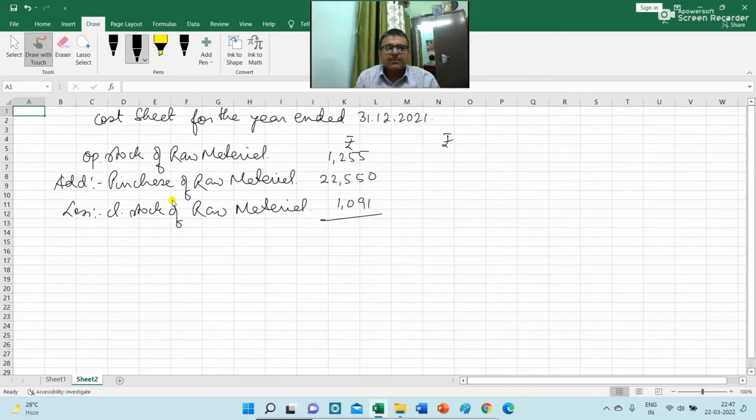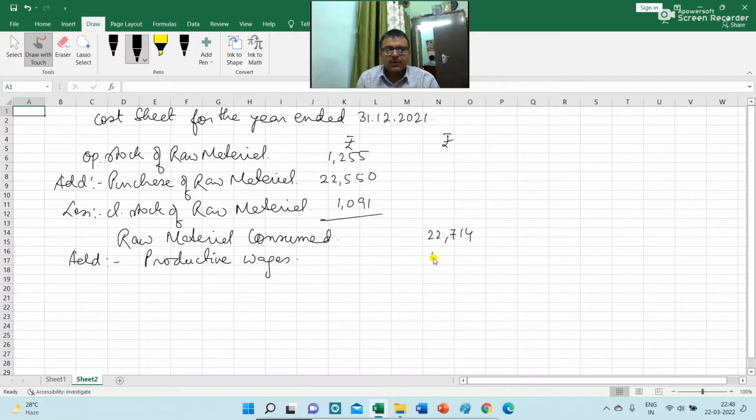Opening stock add purchase less closing stock of raw material will give you raw material consumed. So here I am writing raw material consumed is rupees 22,714.